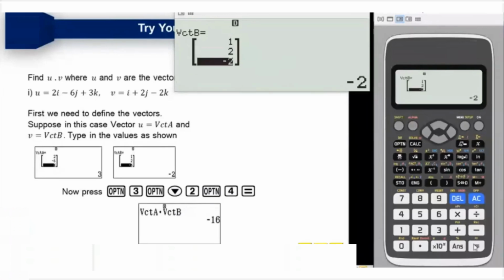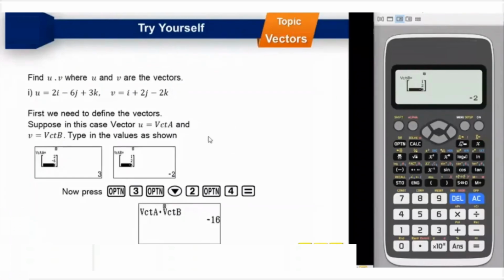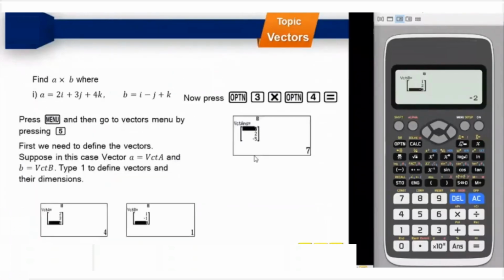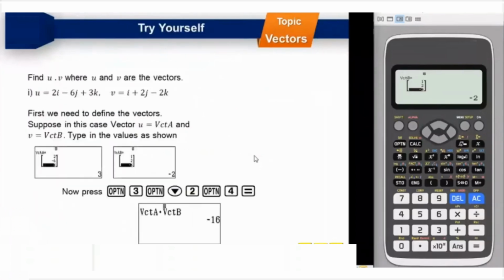So 1, 2 and minus 2 is vector B. Now you have to find the requirement of the question. Unfortunately it is not on the screen, but I'll tell you the requirement. The first part of the question is to find the dot product of vector A and vector B.